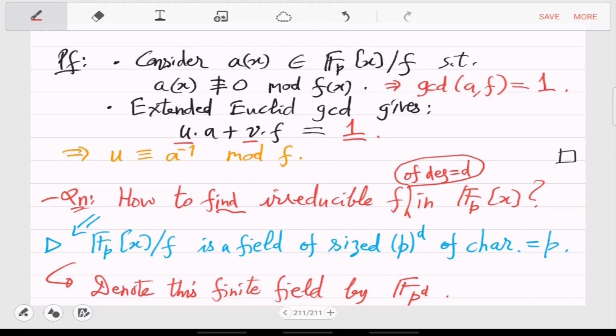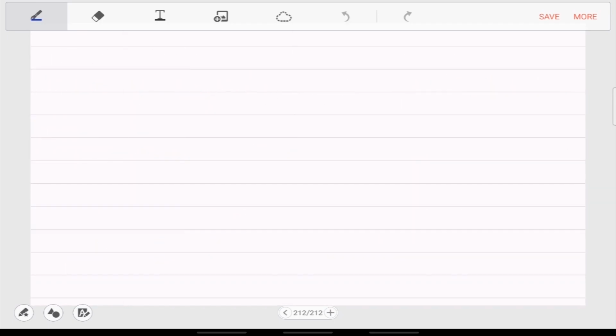So this is a field, finite, size p to the d, characteristic p, contains Fp. And till now you have only seen the d equal to 1 case, right? Now we want to go to d equal to 2 and any d actually. So that will be our next major theorem. Think of this theorem as existence of prime numbers.